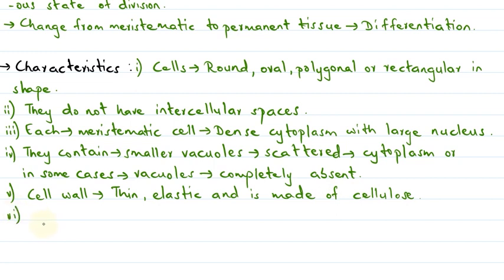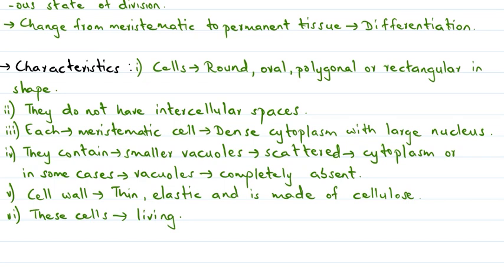Then the meristematic cells are living. So these cells, that is the meristematic cells, are the living cells. So these are some of the characteristic features of meristematic cells.